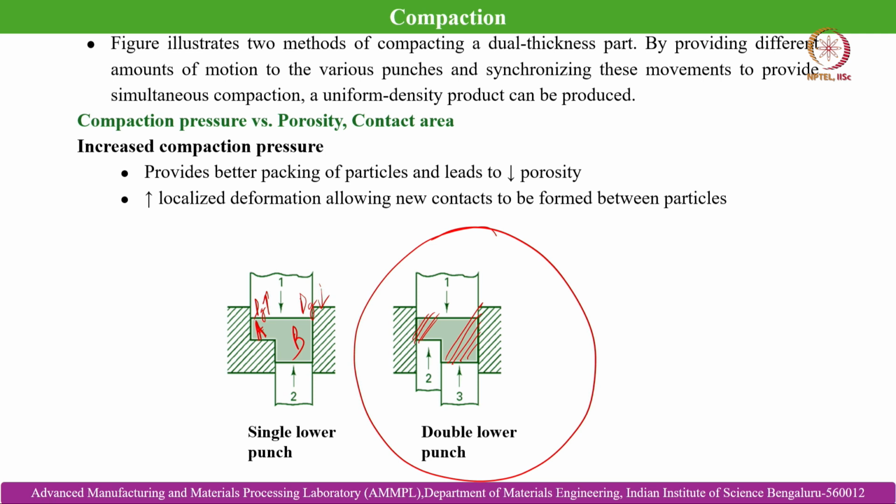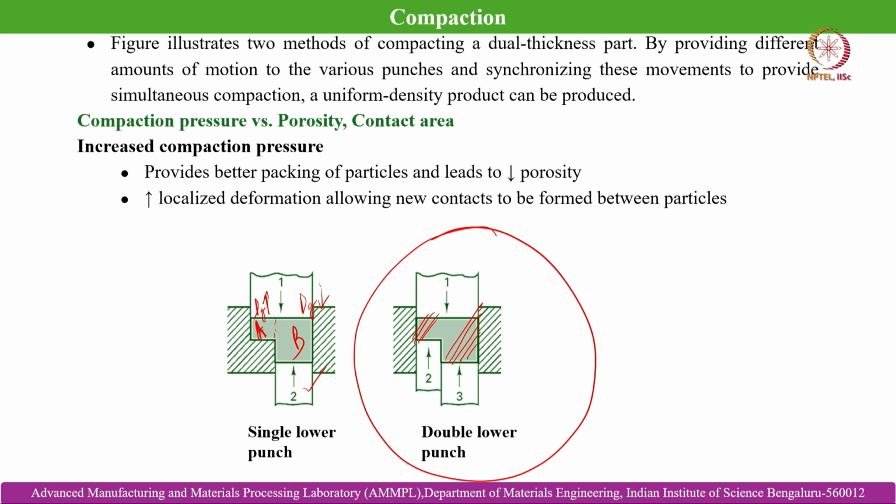How can we achieve a similar density at both these A and B sections of the same part? That is by providing appropriate motion to this lower punch, that is punch 2, which should be compressing part B at an even higher level than what is being done in case of section A of the same part.